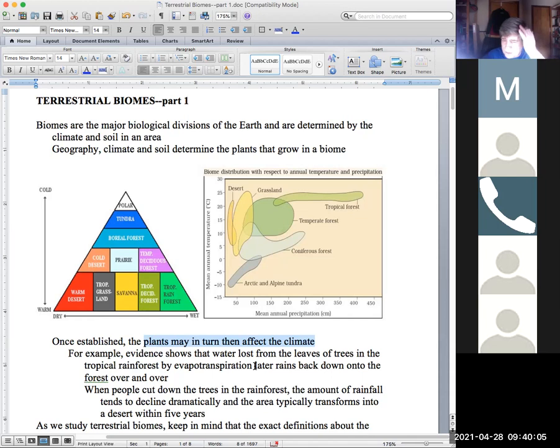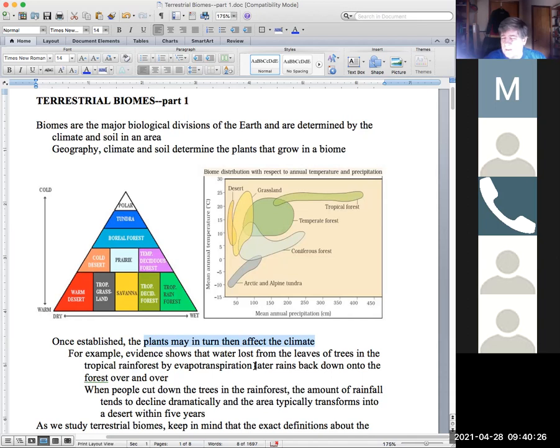In some of these countries, a lot of people still rely on basically fires for their heating, if you want to call it that. And it also gets cut down to convert the land into agriculture, either to turn it into pastures for grazing cattle or to grow plants on it.